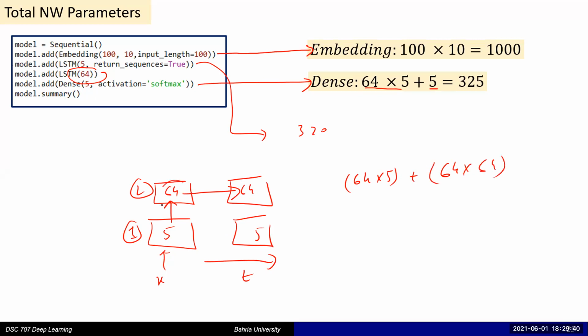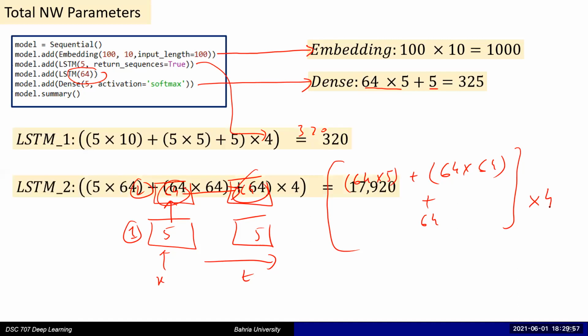And how many biases for this layer? 64 neurons, 64 bias values. This is for one. You compute this number, but don't forget to multiply it by 4, because you have input gate, output gate, forget gate, and the candidate. So you can actually compute this number which is here, and you can just add them.